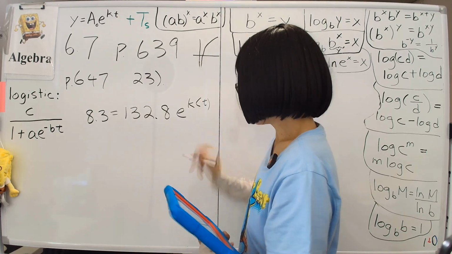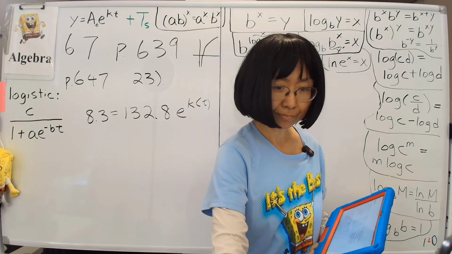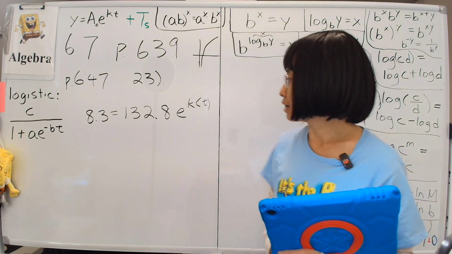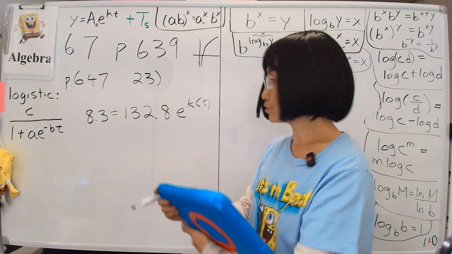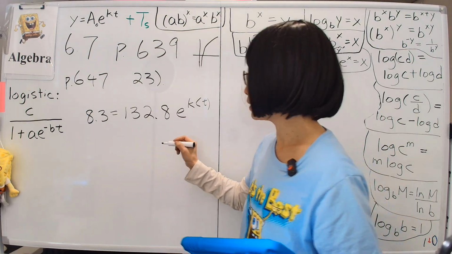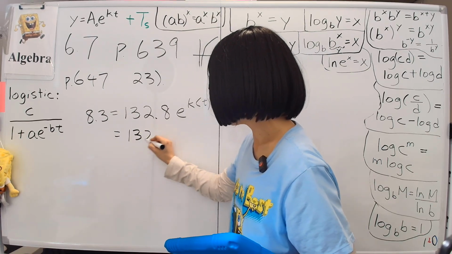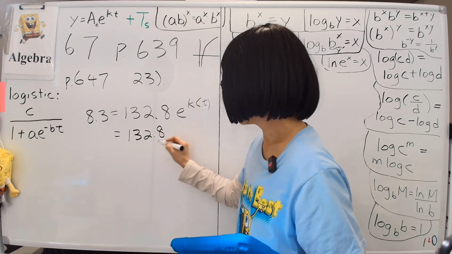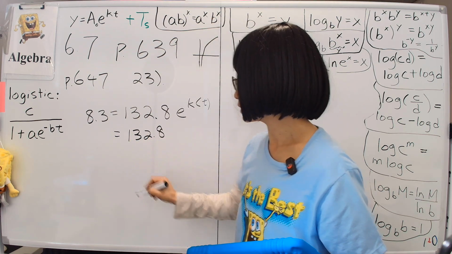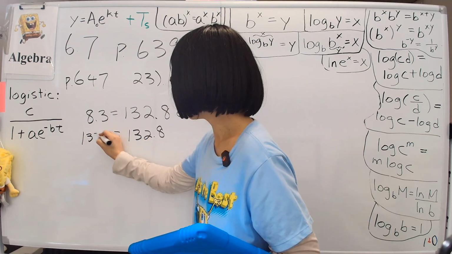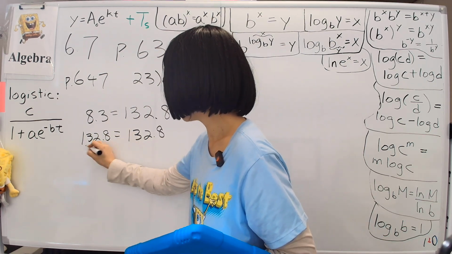All right, now to figure out what k is, we are going to use the half-life information. That is, the same formula is going to be equal to half this much, that is 132.8 divided by 2.